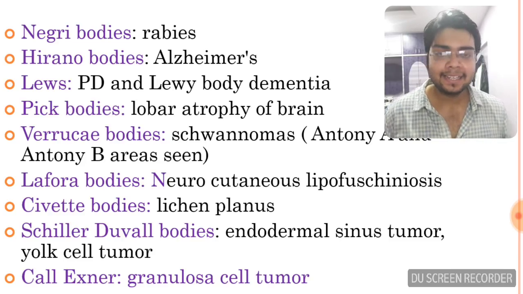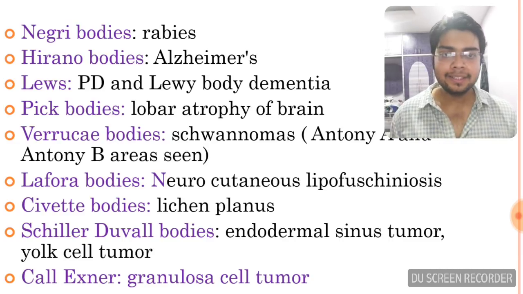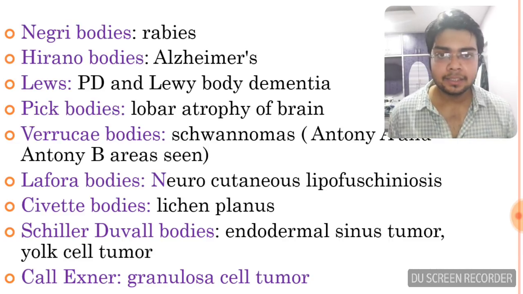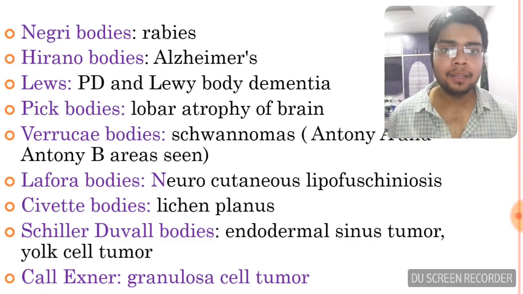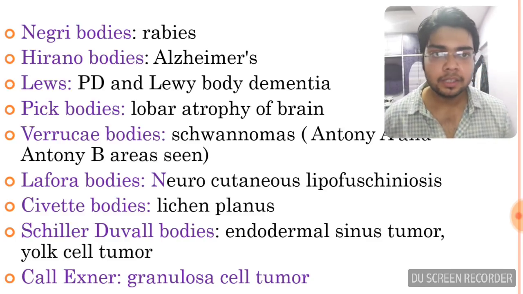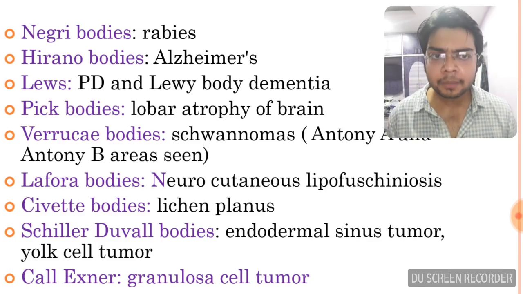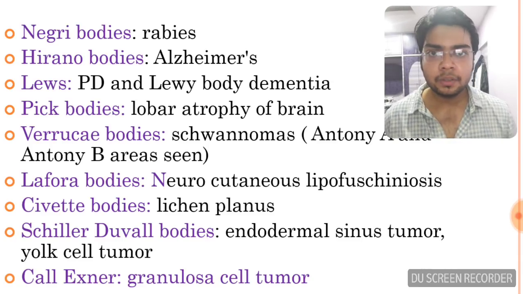Hirano in Alzheimer's. Pick bodies in lobar atrophy of the brain. Verocay bodies in schwannoma, Antoni A and Antoni B areas. You should see the diagram. They have already asked in the AIIMS exam to identify the Antoni A and Antoni B areas, and the diagnosis is schwannoma. Lafora bodies are seen in neuronal ceroid lipofuscinosis.